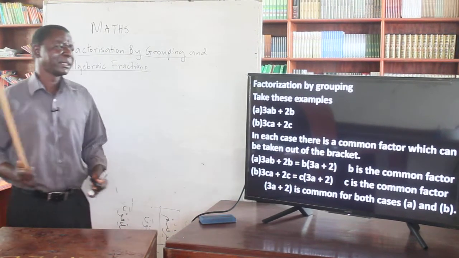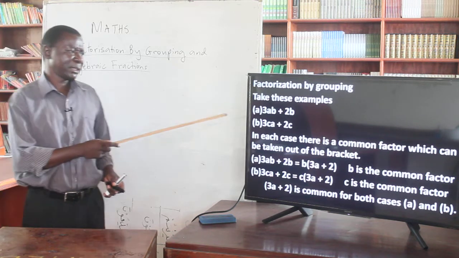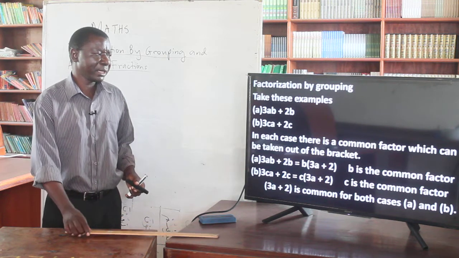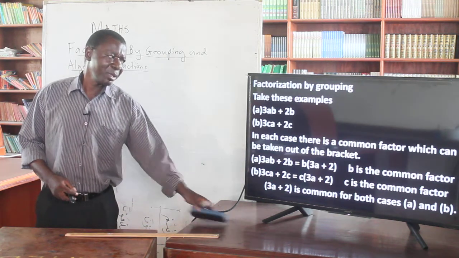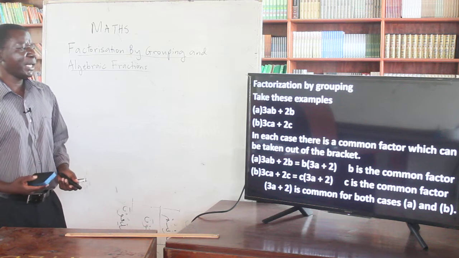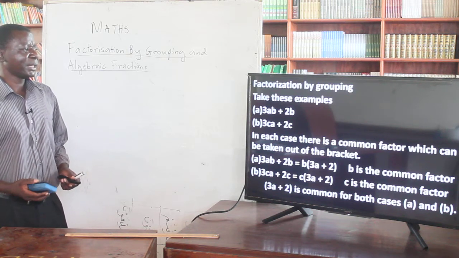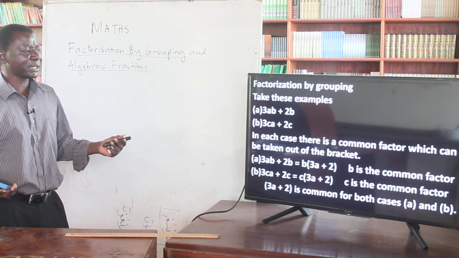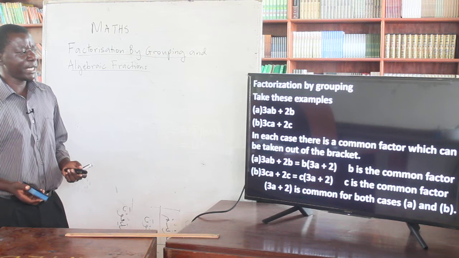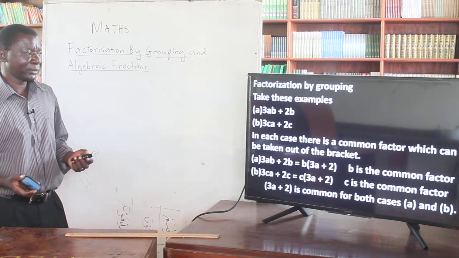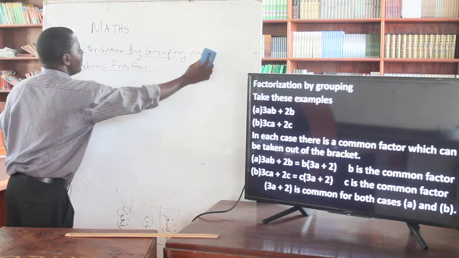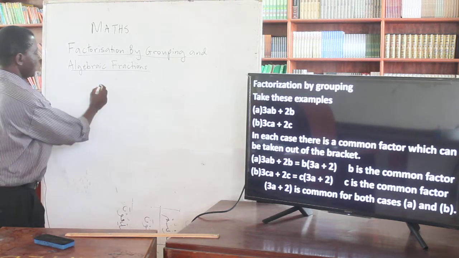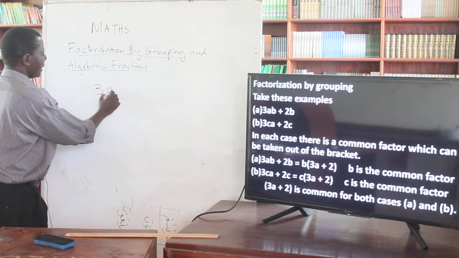And we realize the other time we had a sum like the one displayed there, 3ab plus 2b. It does not have a bracket, but we can create a bracket. If we look at it keenly, we can see that there is a common term.